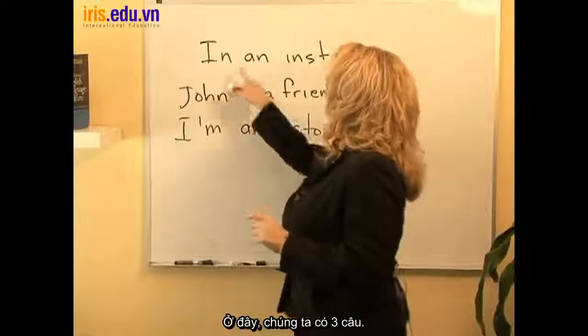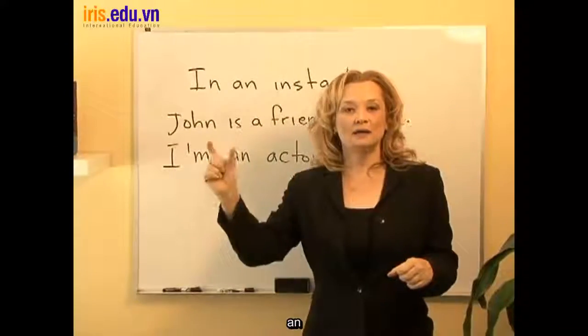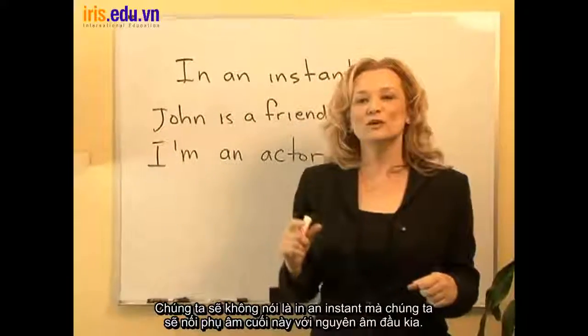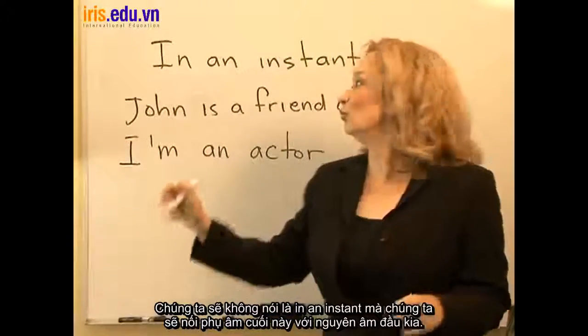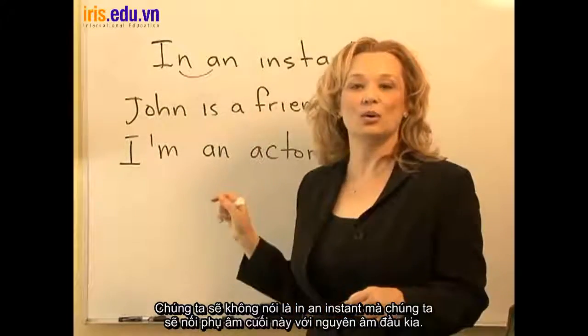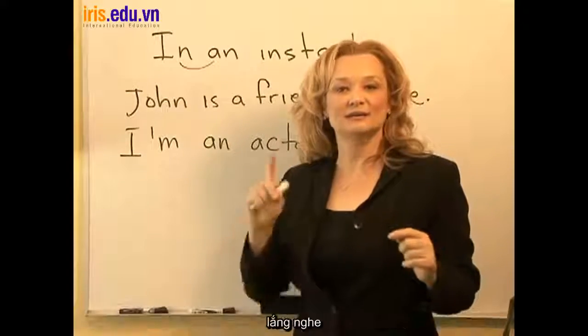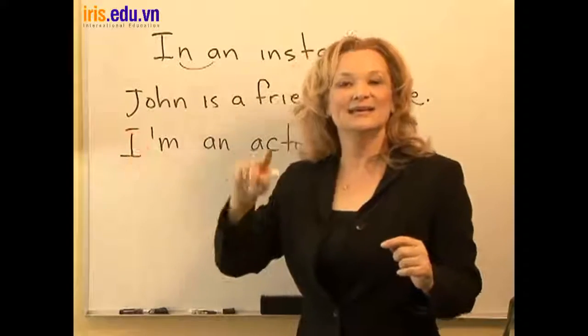Here we have three sentences. Look at the first sentence, in an instant. We wouldn't say in an instant. We would connect the final consonant to the next vowel. So this N and this A would be said together. Listen, inan, inan.